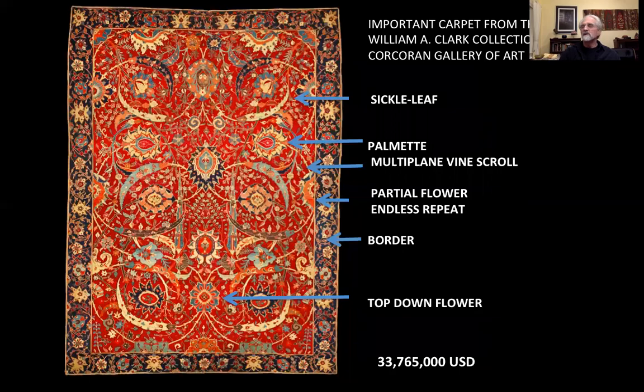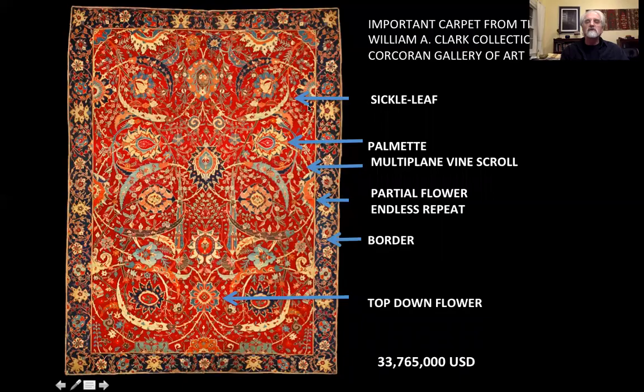All right, so now let's go back and take another look at that sickle leaf rug that I introduced earlier. You have a border, and the border is framing the field. Let's take a look at some of these elements that appear to be trapped by the border. You can see one right here. This is a partial flower.